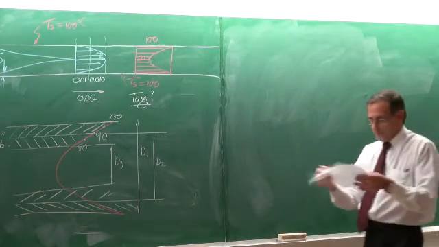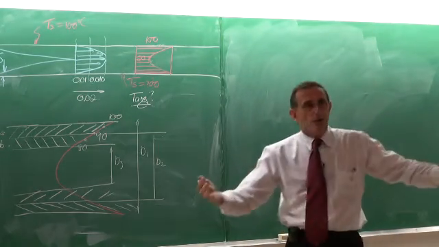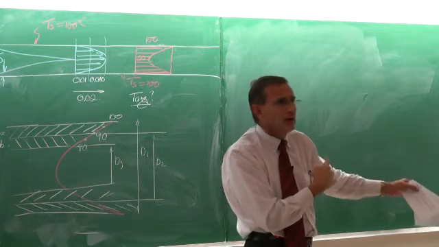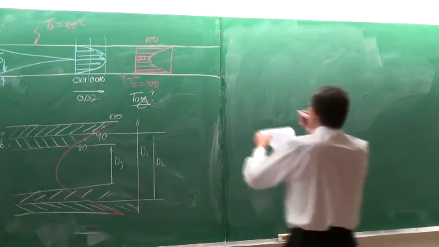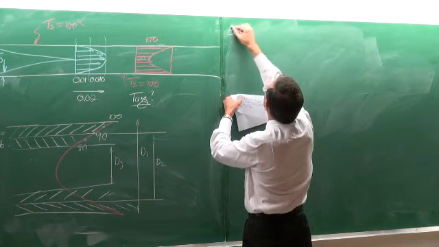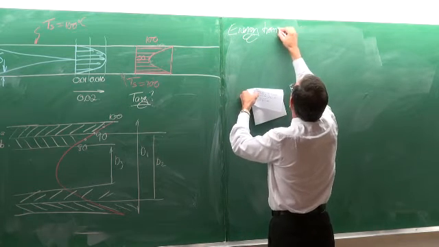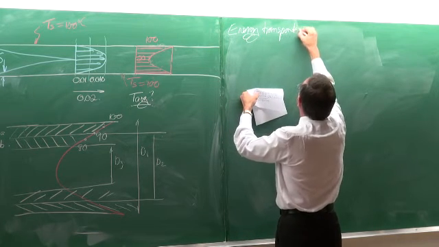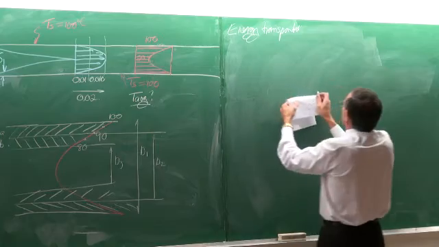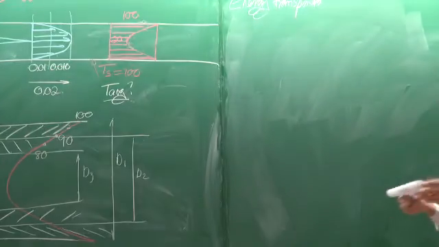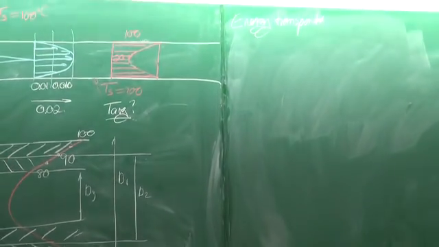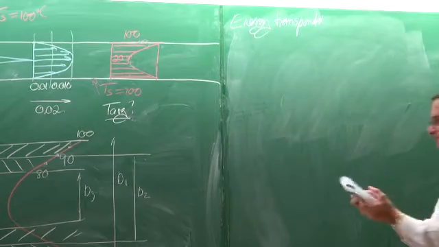Okay, so the mathematical way is to say, well, what I've been doing there is actually to look at the energy which is being transported by a fluid, taking into consideration the mass flow rate.